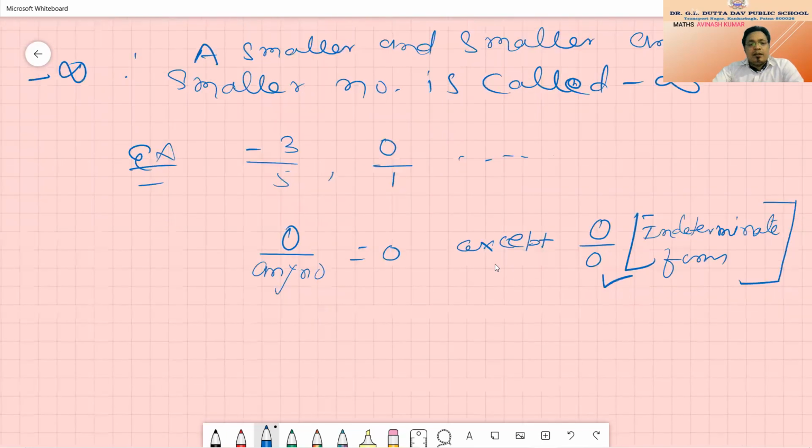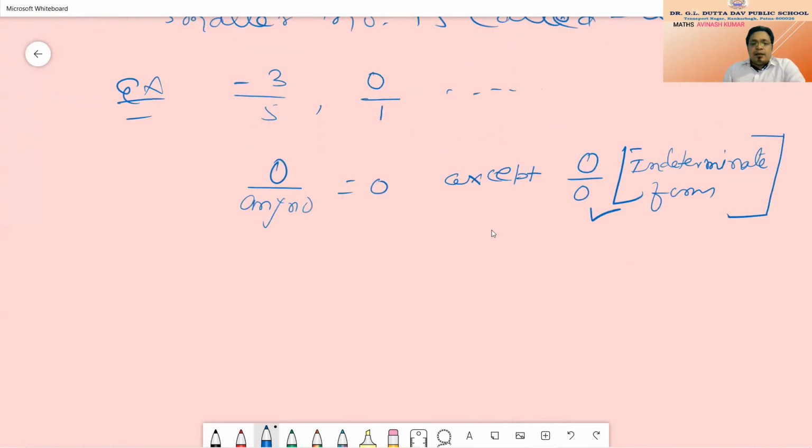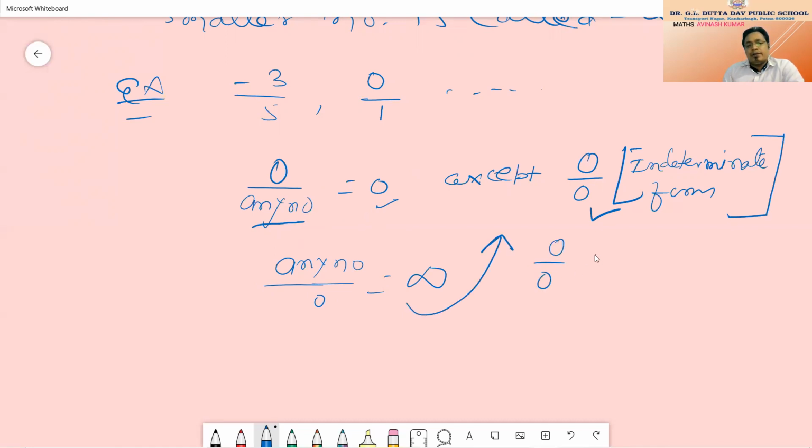Okay. Now, 0 by any number. This is the basic concept. Any number means either negative, positive, anything, whatever, except 0 by 0. It is always 0. And any number by 0 is infinite. The same exception is here also: 0 by 0 is not infinite.